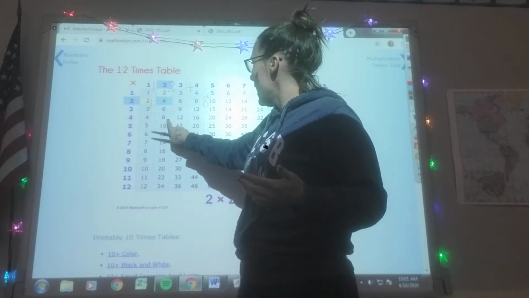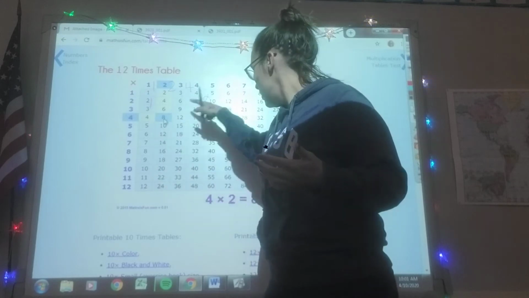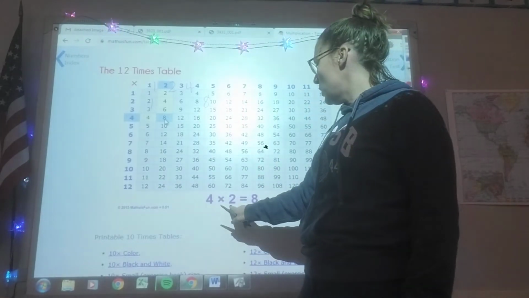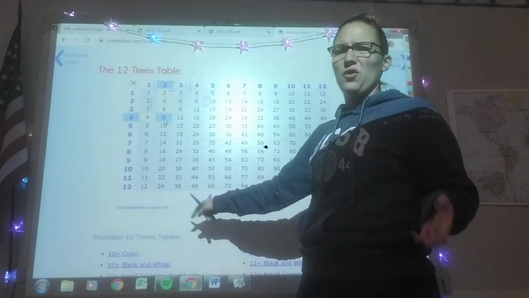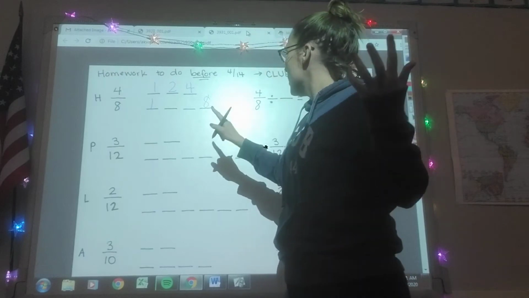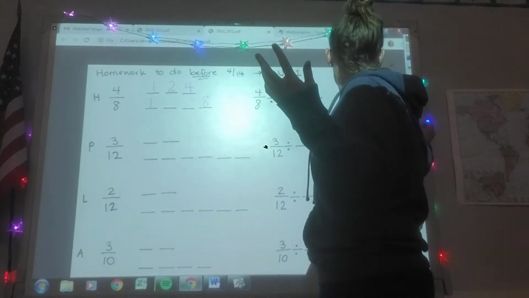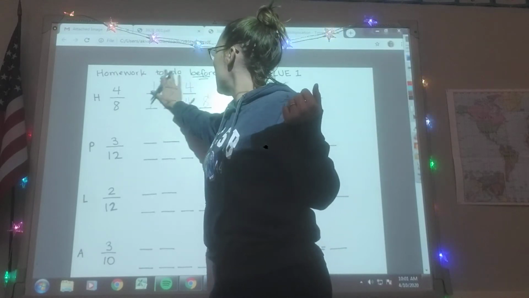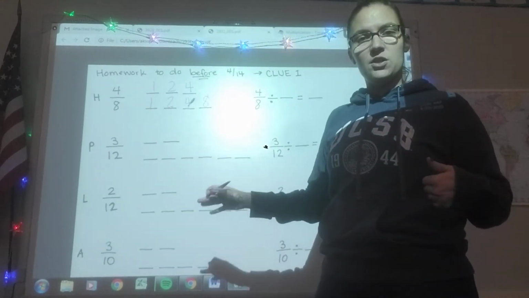If we're looking for 8, oh, look. 2 and 4 multiply to get 8. Now remember, you want the smaller number first, so 2 and 4. It doesn't matter. 4 times 2 is the same as 2 times 4. So let's go back here. So 1, 2, 4, and 8 are the factors of 8.